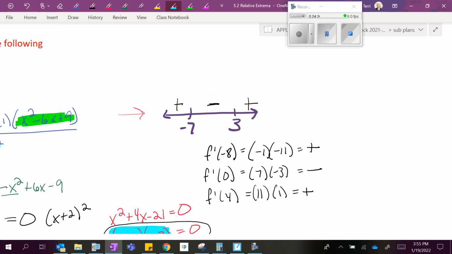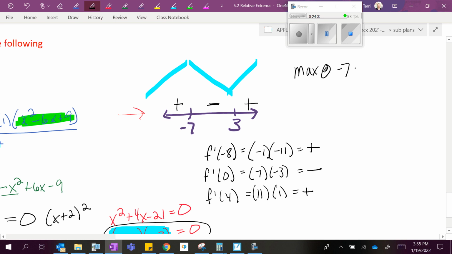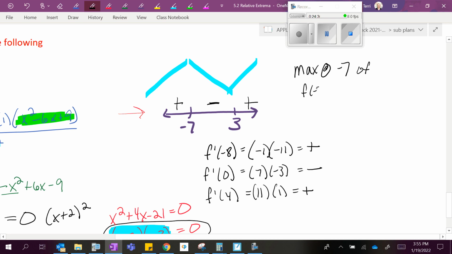So once again, I'm increasing, then decreasing, then increasing. So I have a max at negative 7 of, if you plug in negative 7 into the original function, you get negative 20. So a max at negative 7 of negative 20.